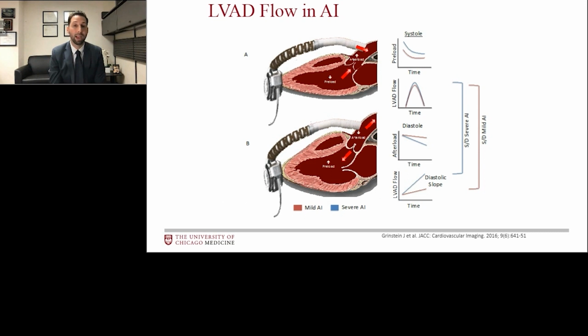So the more severe the AI, the more abrupt the rise in diastolic flow. And you can see that the two arrows on the far right, the height of the column comparing peak systolic flow to end diastolic flow, narrows as AI severity worsens. So said another way, the flow pulsatility, or the difference between peak systolic flow and diastolic flow, goes down as AI severity increases.